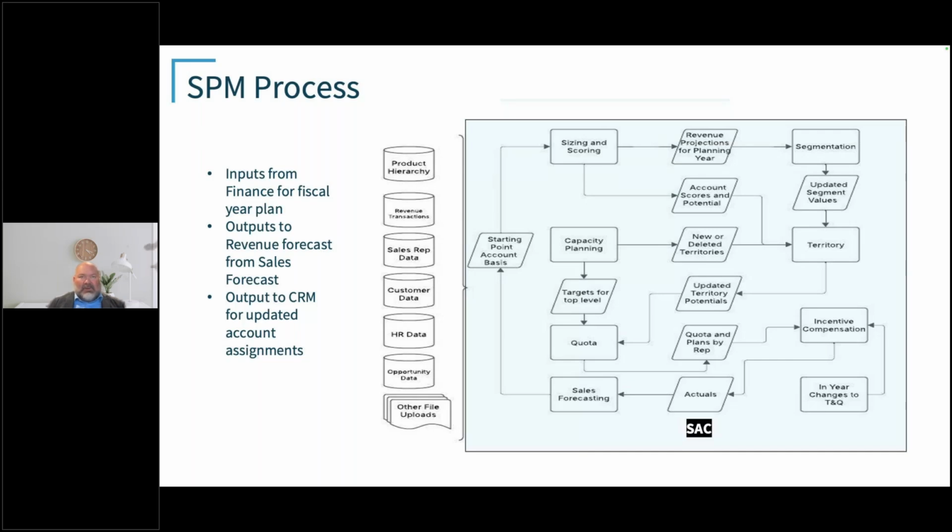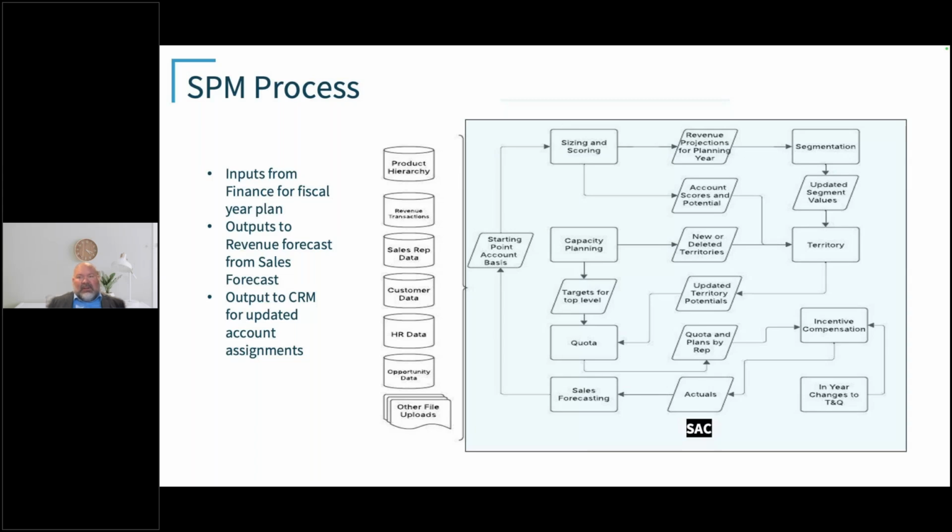So long story short, there's a lot of inputs to this process, but it really goes around the products, the revenue or bookings, sales rep data, customer data, HR data, opportunity data, as well as other third-party information. A lot of companies that I've worked with have information from third parties about their accounts, such as maybe a propensity score or a share of wallet or total addressable market information about their accounts.